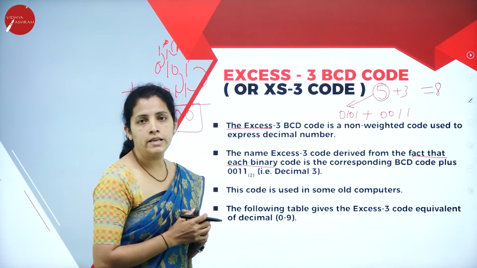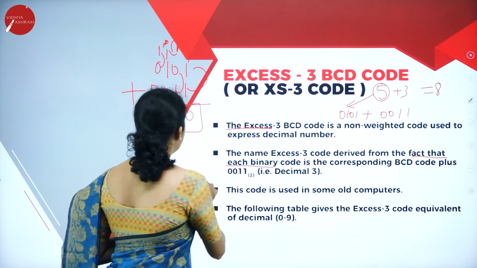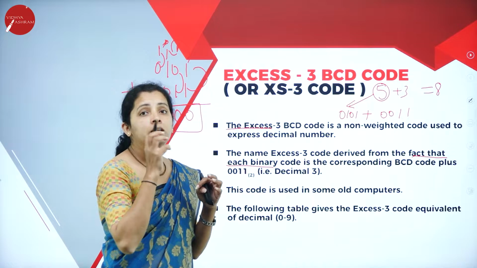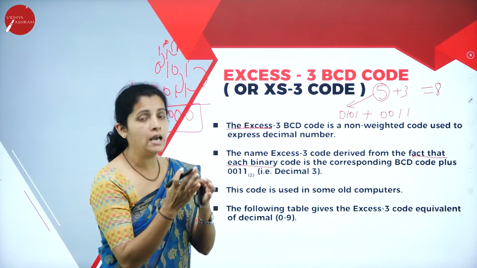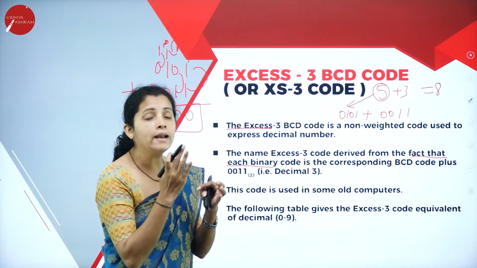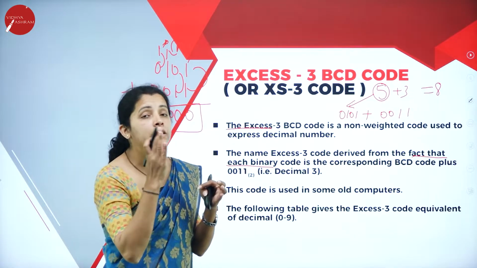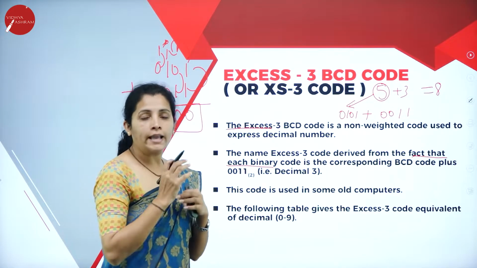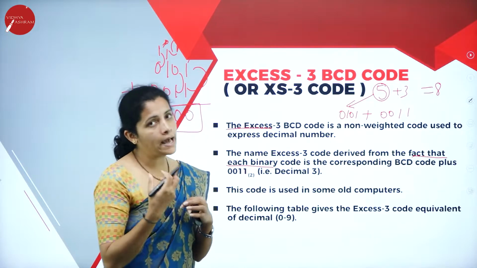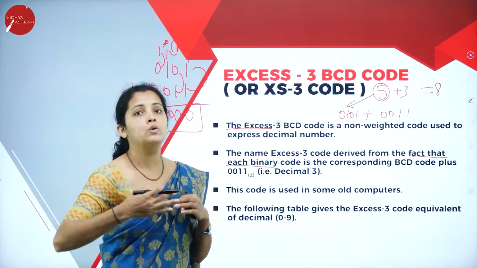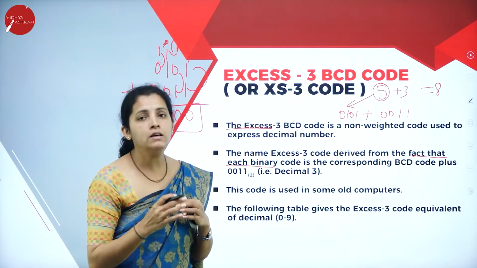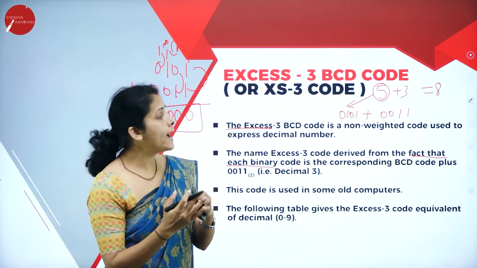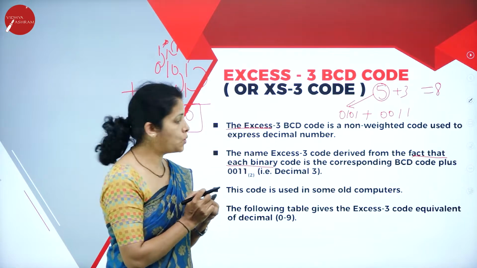So here, if I consider any decimal number, first I want to convert that into BCD. After that, I want to add the decimal number 3 to it. I cannot add decimal number 3 directly, so I take the binary representation of decimal number 3 and add that to the BCD code.